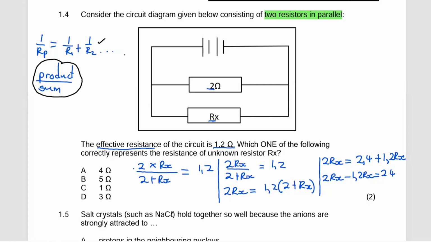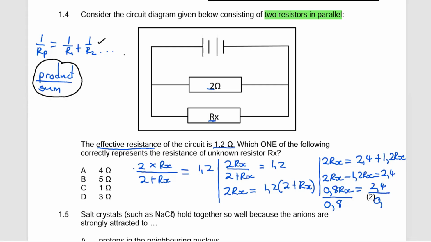Then after this, now let's actually solve the math. It means if we subtract 2Rx minus 1,2Rx, we are going to get a total of 0,8 Rx. So 0,8 Rx is equivalent to 2,4. After that, we are supposed to make our Rx the subject of the formula. It means we are supposed to divide both sides by 0,8.